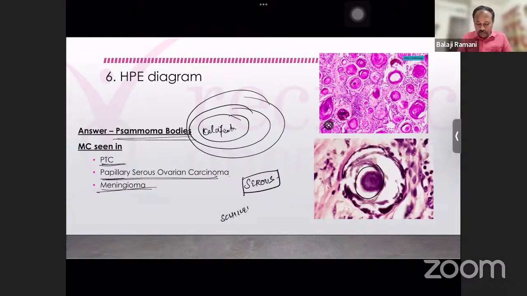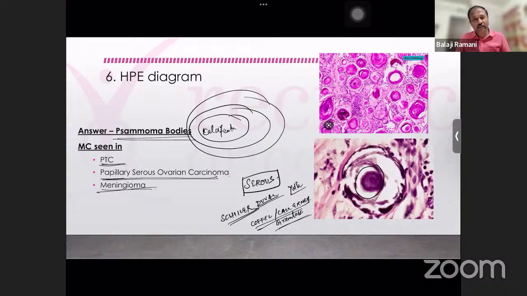Again, I have discussed in the videos that you would have seen, you would have talked about the Schiller-Duval bodies. You would have talked about the coffee bean nucleus in your Call-Exner bodies, which will be in granulosa cell tumors. Schiller-Duval, of course, occurs in your yolk sac tumors. So like this, there are a lot of bodies which will be there. So look at it and then find out.